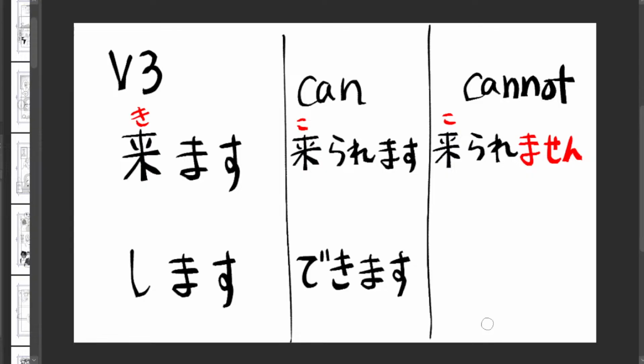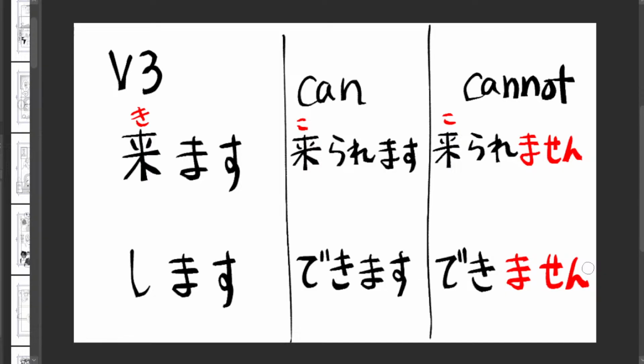When you say you can do something, you say dekimasu. And if you cannot do something, you say dekimasen. So that's how you say can and cannot.